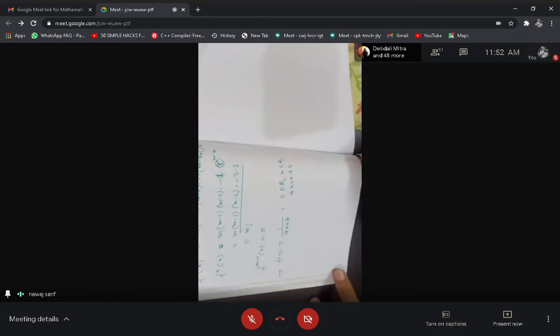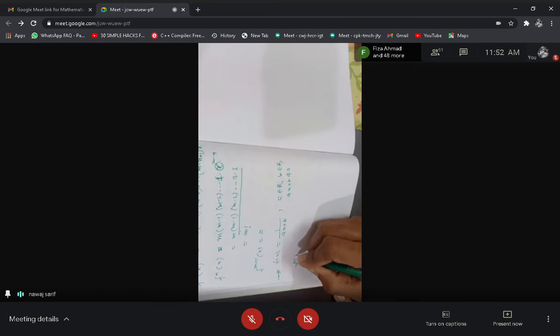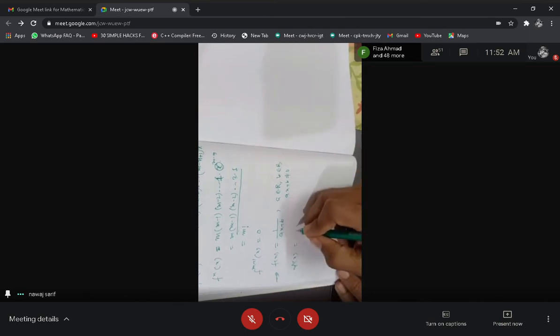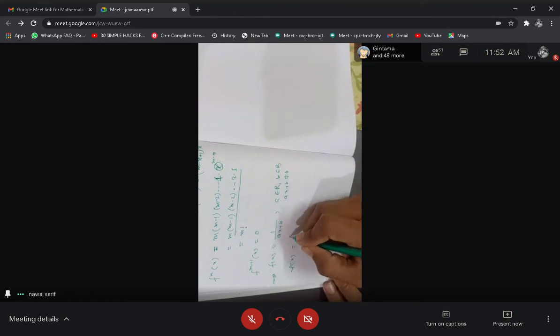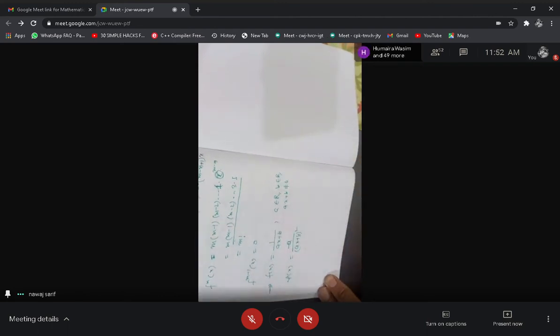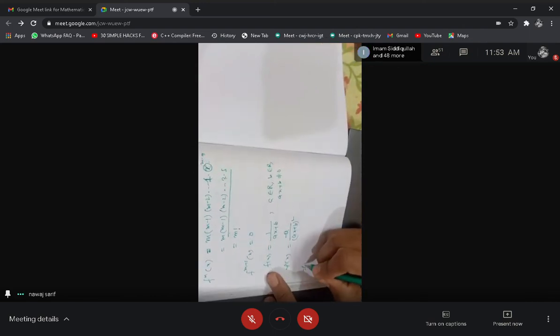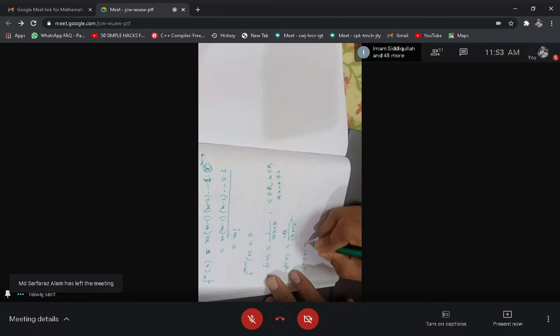What is the first order derivative? It is minus a upon (ax plus b) whole square. That means f dash x equals minus a upon (ax plus b) whole square.